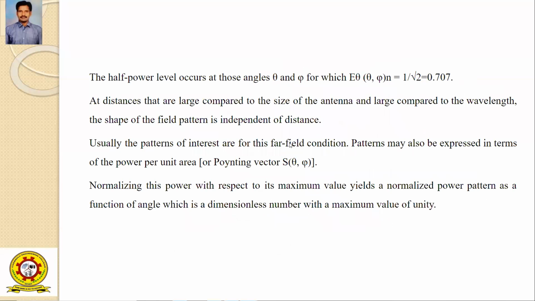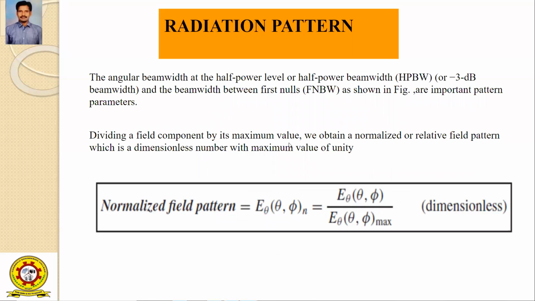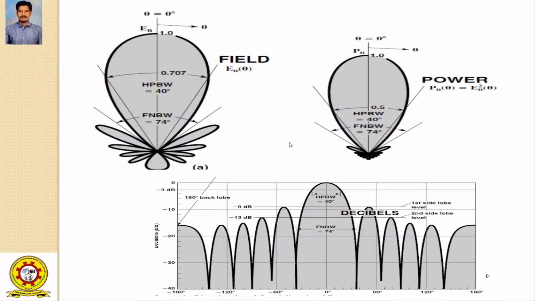This type of radiation pattern is helpful to calculate the angular beam width, that is, the half power beam width. In this picture, you have familiar knowledge on how to emphasize the radiation pattern. In figure A, focusing on the radiation pattern, this is theta equal to 0.